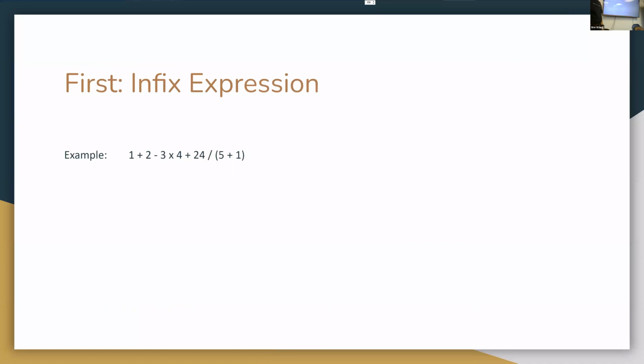An infix expression is what we humans know and learn. When we start in elementary school, we learn this: 1 plus 2 minus 3 times 4 plus 24 divided by (5 plus 1).